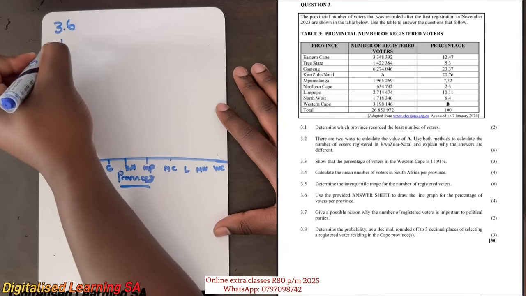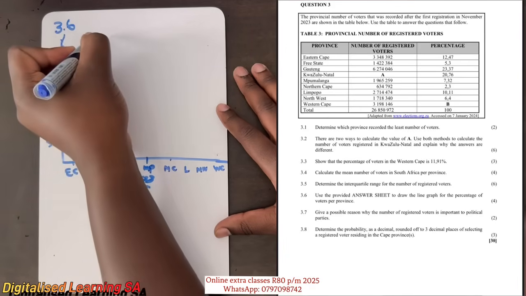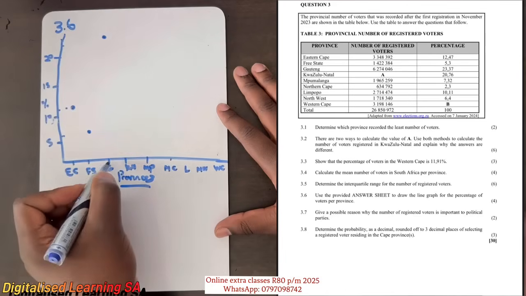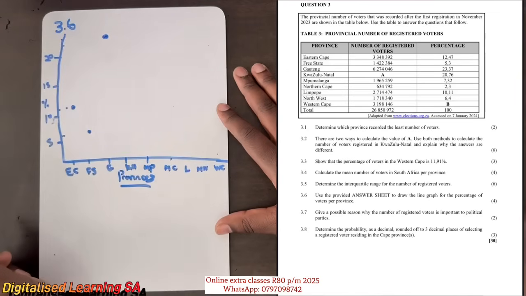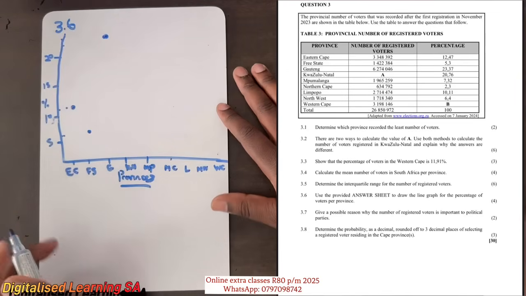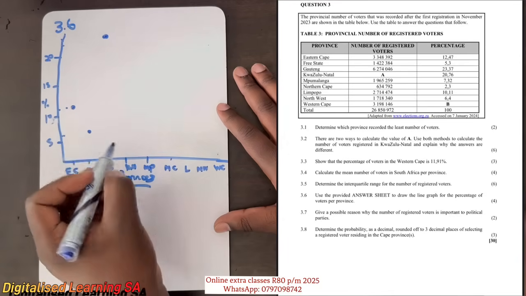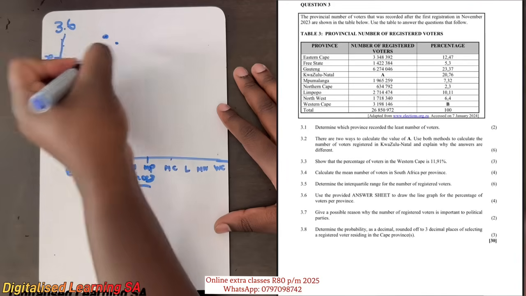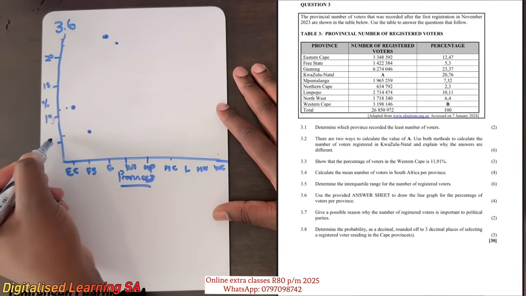So 23.37 will be somewhere here, and it needs to be in line with Gauteng. After Gauteng, we will have KZN, which is 20.76. So KZN will be somewhere here because it's 20.76. Then we will have Mpumalanga, and Mpumalanga is 7.32, so it's just above 5.